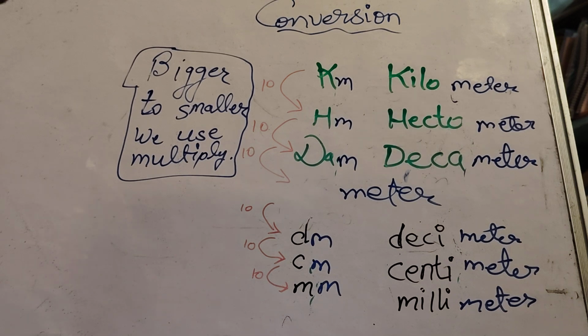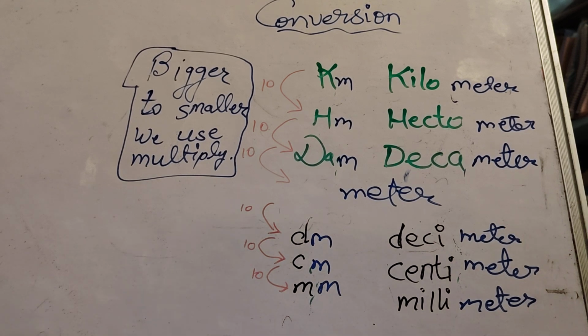Can you repeat the question? 1 hectometer equal to how many decimeter? 1,000. Correct. 1 decameter equal to how many centimeter? 1,000.